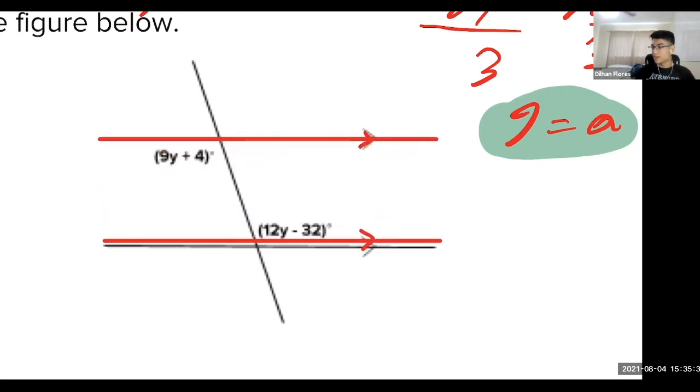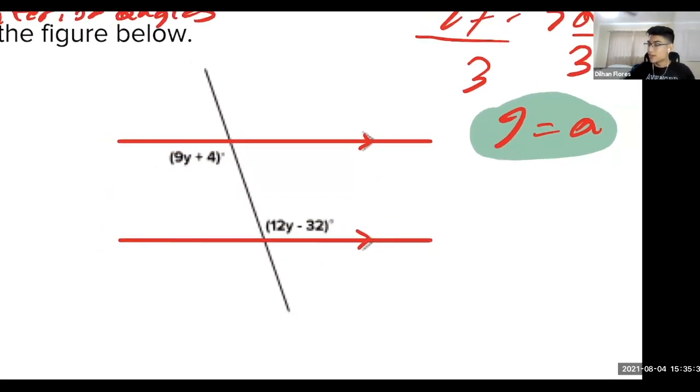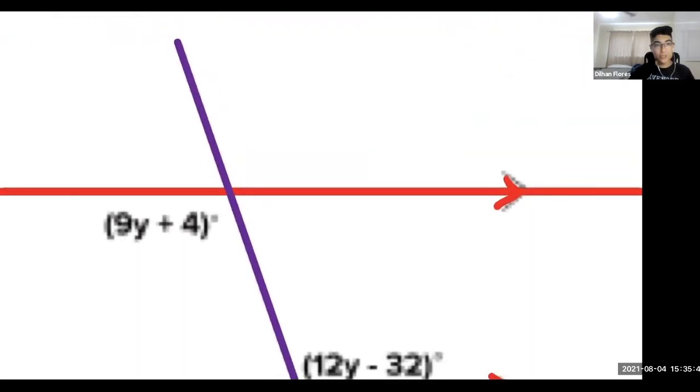Cool. Now we have a line cutting through them. We're going to have one angle here, and another angle here. Nothing revolutionary. The line cutting through makes two angles.